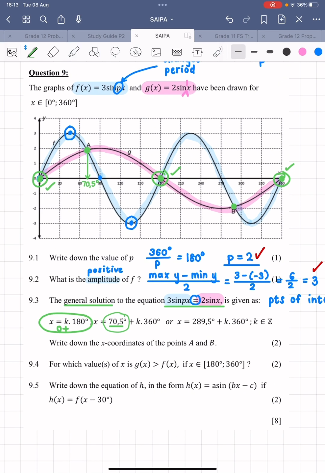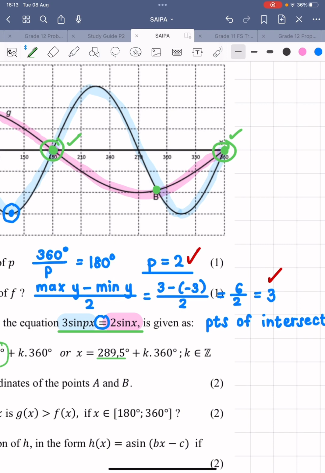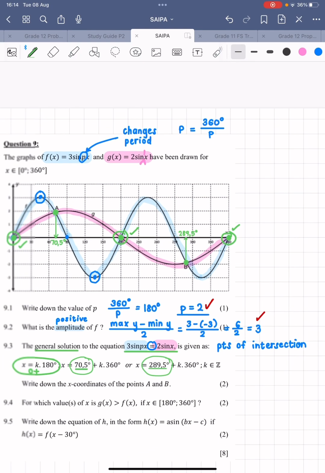Now, the next general solution that they've given us is that x is 289.5 degrees. Now, 289.5 is between 270 and 300, but closer to 300 than it is to 270. So this is going to be 289.5 degrees, and I'm getting that from this general solution.